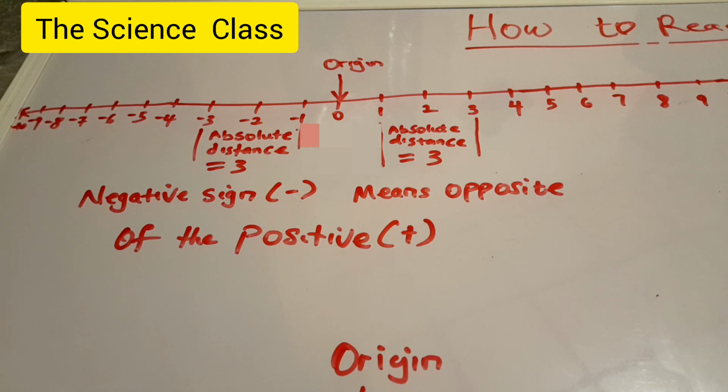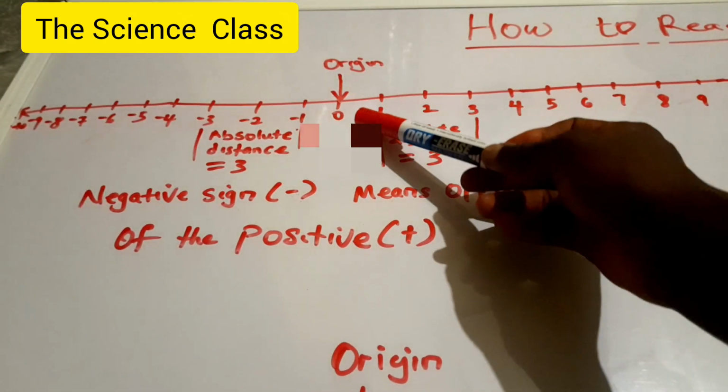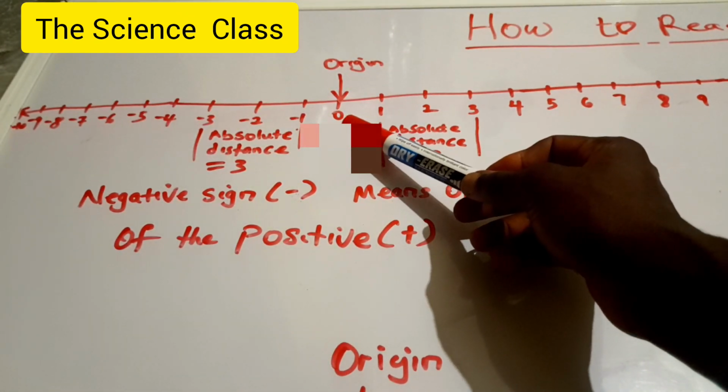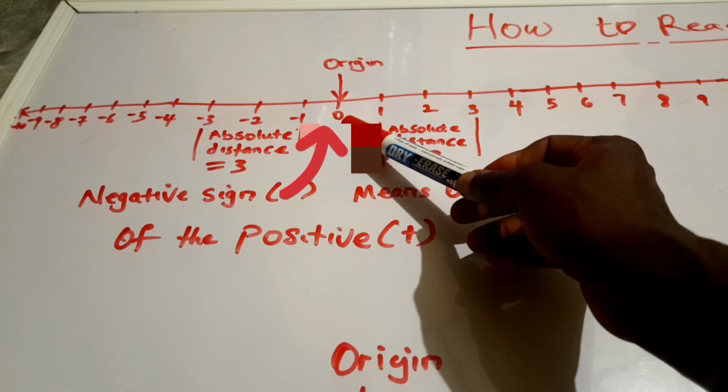So if you look at the line that is before us now, you see that the line was divided equally into different segments, gradually increasing. If you look at this line, you see the origin to be at point 0.